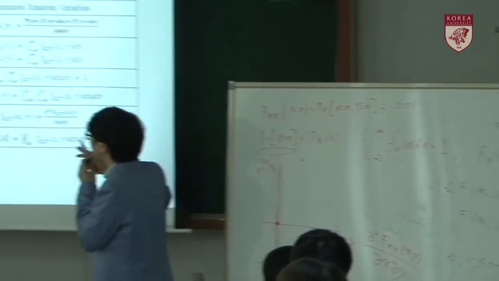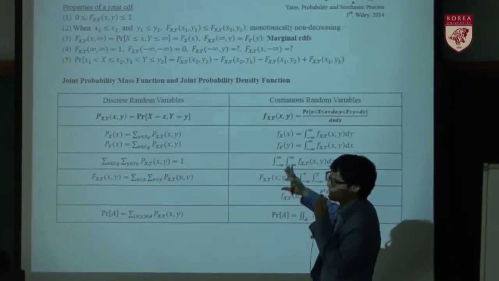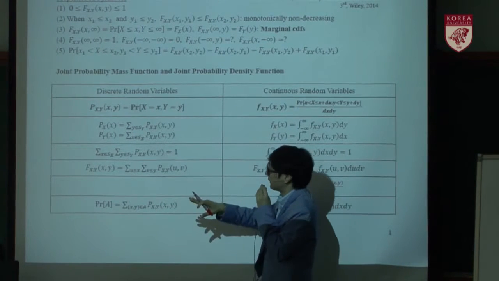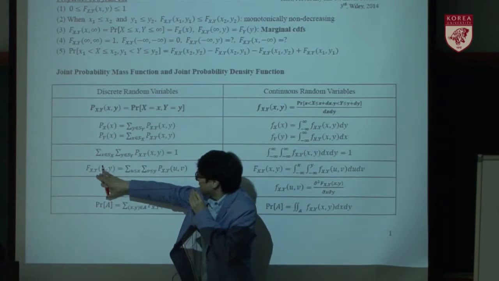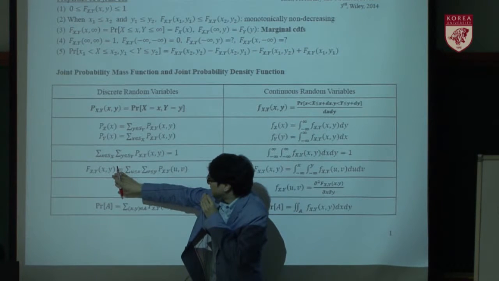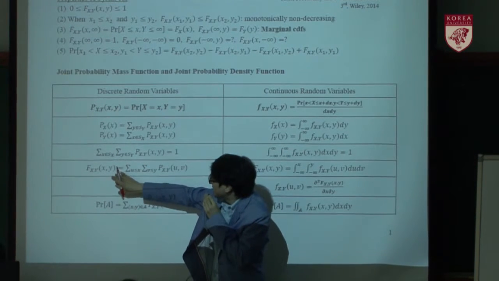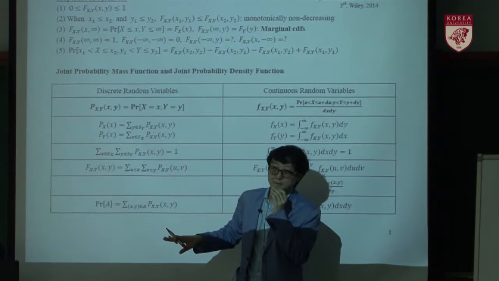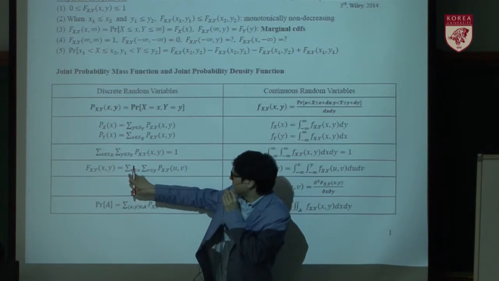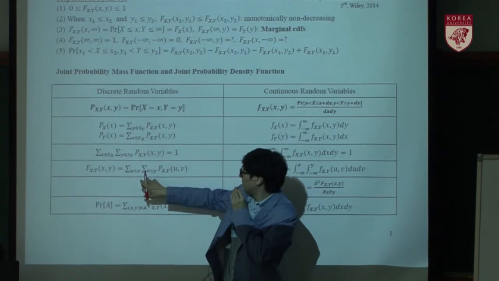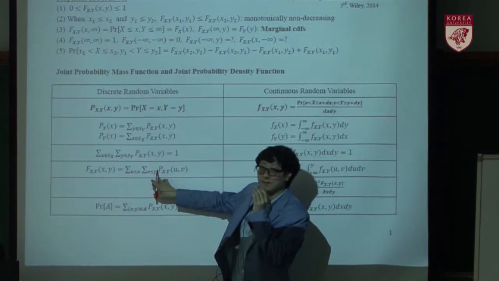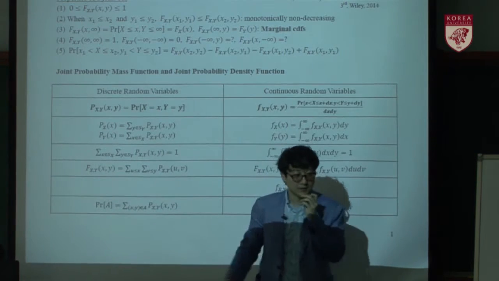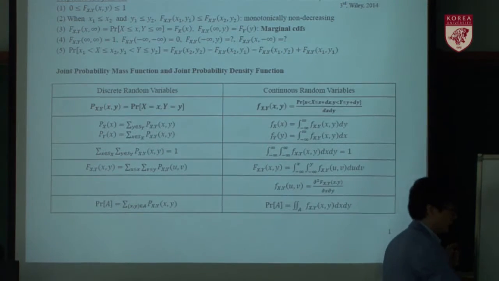Then the conversion between the PDF or PMF and the CDF. If we want to calculate the CDF in the discrete case, we just sum all the probabilities that satisfy u less than x and v less than y. Then we have the CDF, right?